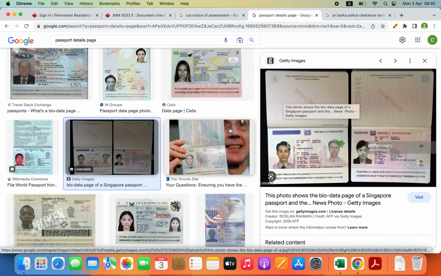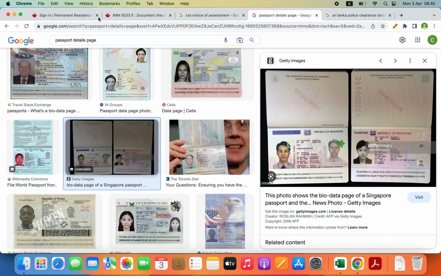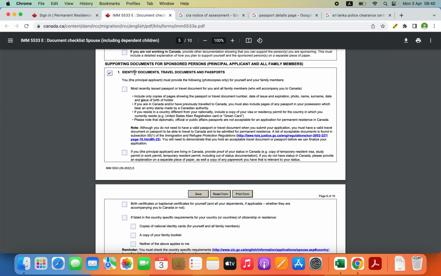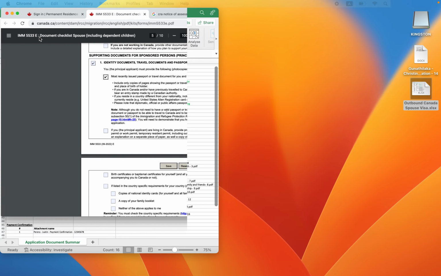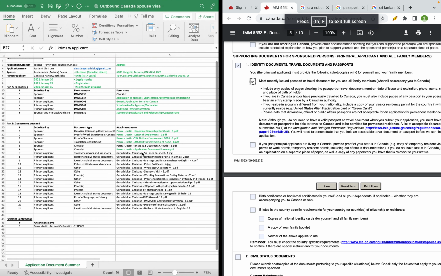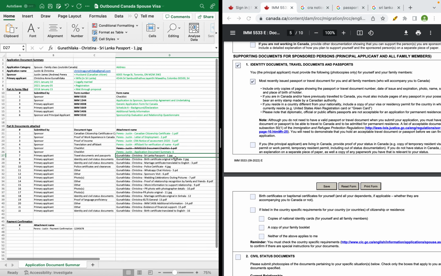In that case, include that page as well. Let me bring the Excel here, and for me it was the passport page. Attach that one under the travel documents and passport category document type.